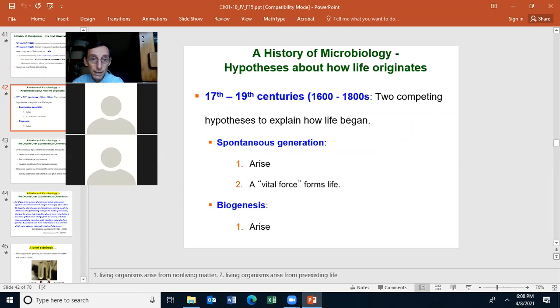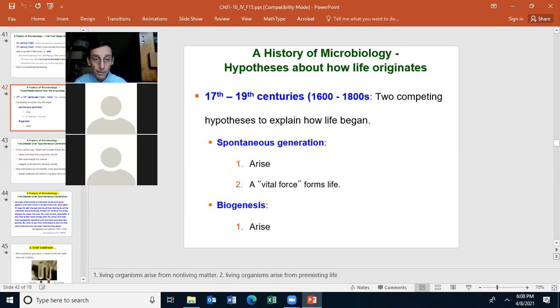The first was spontaneous generation, that life arises out of non-living things spontaneously. A vital force comes into something and then, I guess, changes it, and then something comes alive. And that was the theory of spontaneous generation.